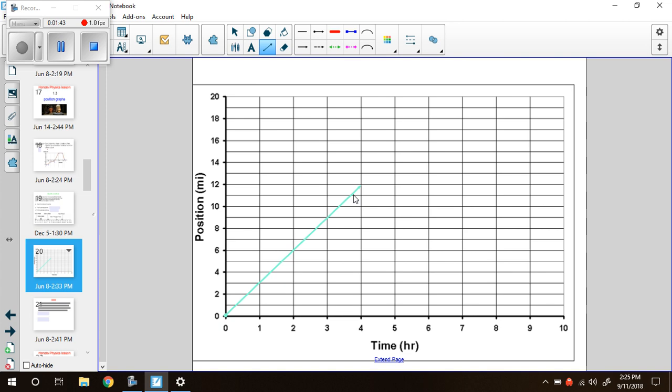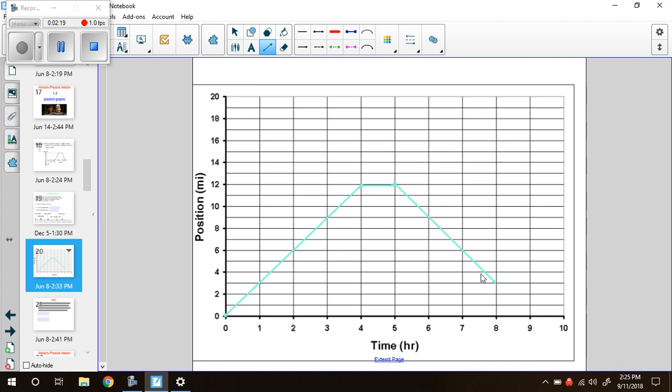Then, it says that he stays there for about an hour, which means that his position doesn't change. After that, he walks to White Castle, which is at the 3-mile mark, and that takes him 3 hours. So we'll go all the way down to 3. There we go.